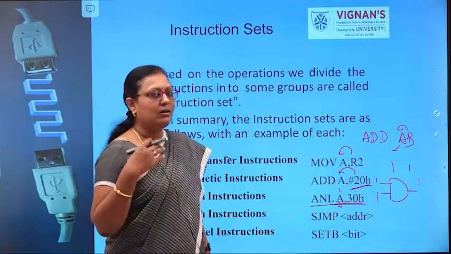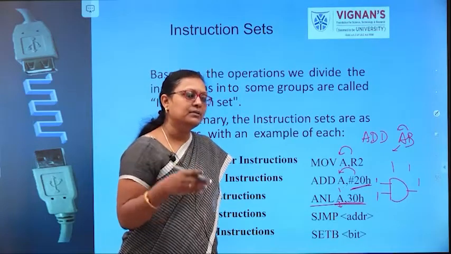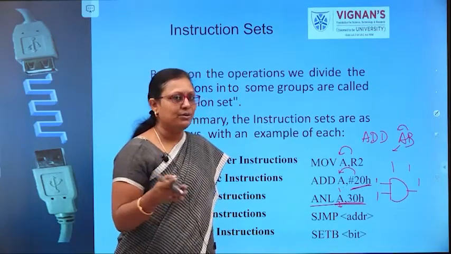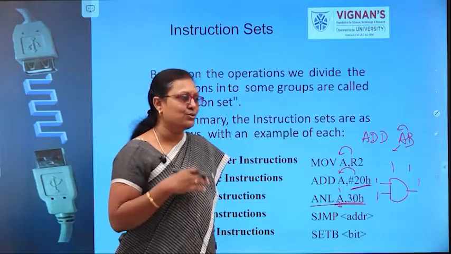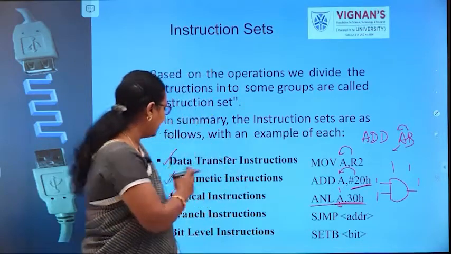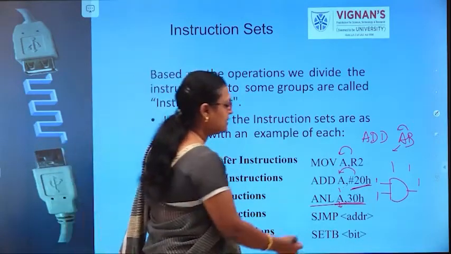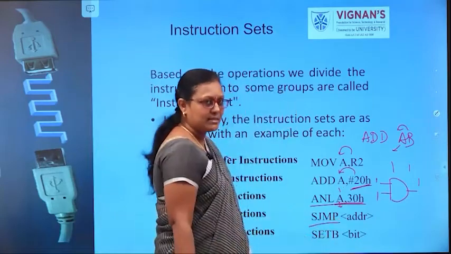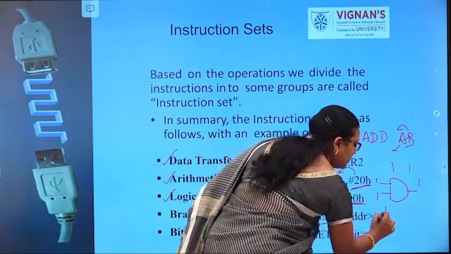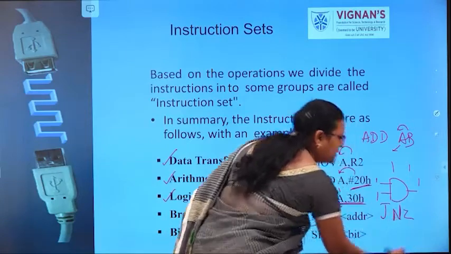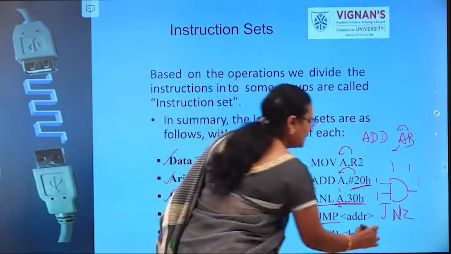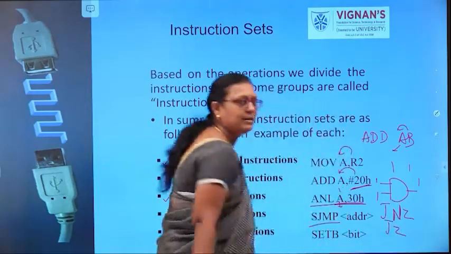Next, the branch instructions, like jump if not 0, jump if 0, jump if carry, jump if not carry. So everything comes under your branch instructions. It will be represented as jump, right? So if it is jump if not 0, then it will be represented as JNZ. If it is JZ, that is jump if 0.